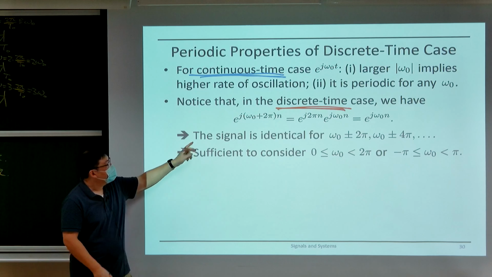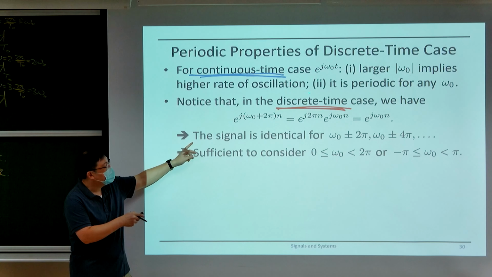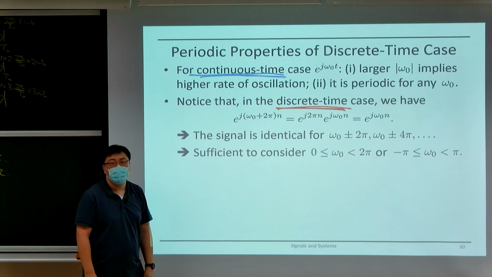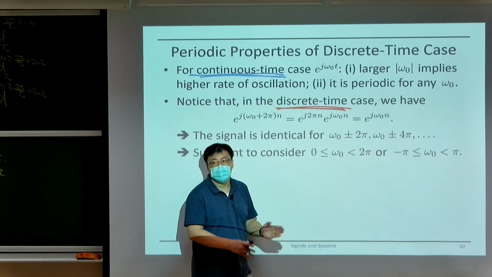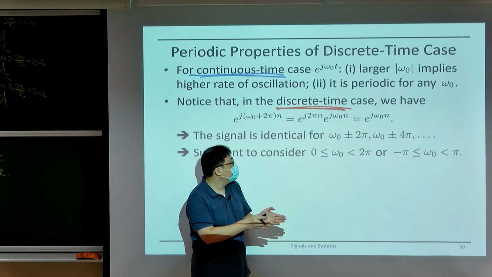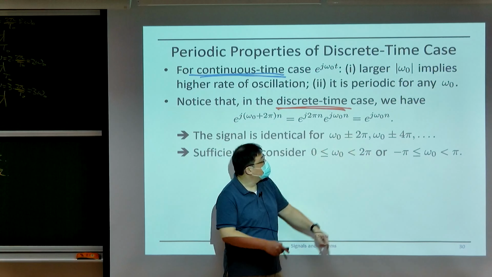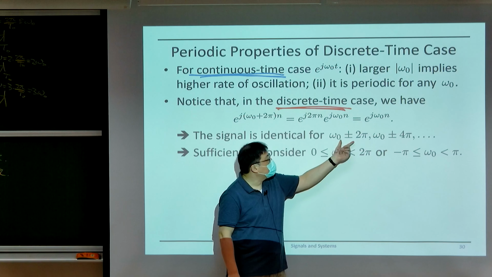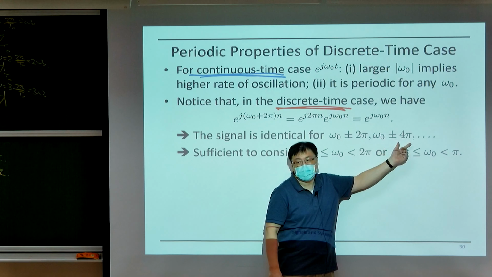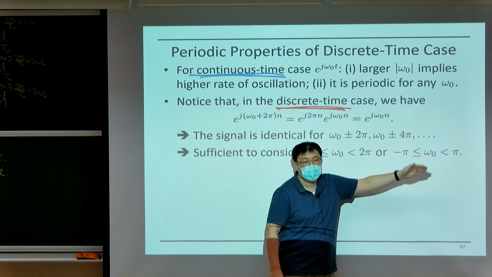So in the discrete time case, this complex sinusoid behaves identically for omega naught plus or minus an integer multiple of 2 pi. The sinusoid with frequency omega naught behaves exactly the same as the one with frequency omega naught plus or minus 2 pi, or plus or minus 4 pi, and so forth.